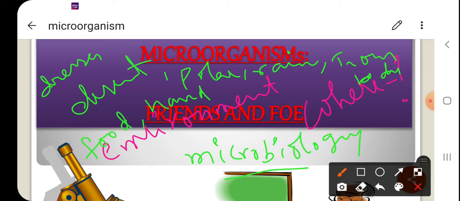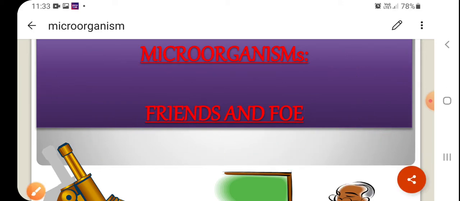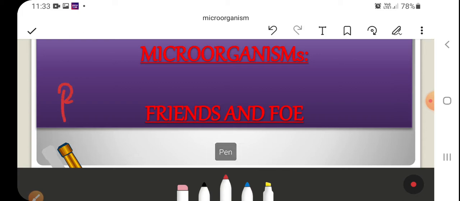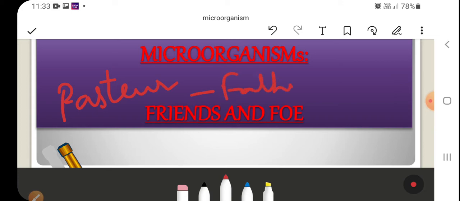The one who studies microbiology is called a microbiologist. And Louis Pasteur is the scientist who is called the father of microbiology.